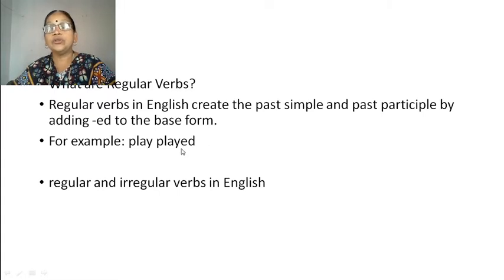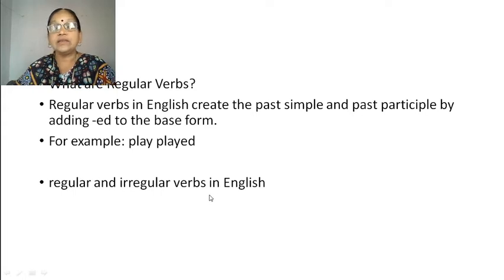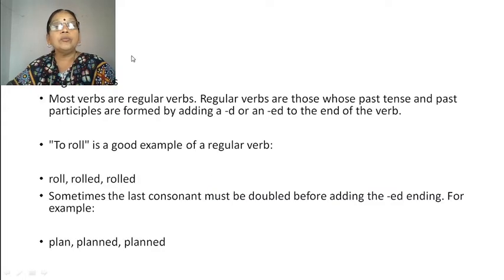Here you just add ed to make the past participle. To roll is a good example of a regular verb. Roll, rolled, rolled. Sometimes the last consonant must be doubled before adding the ed ending.